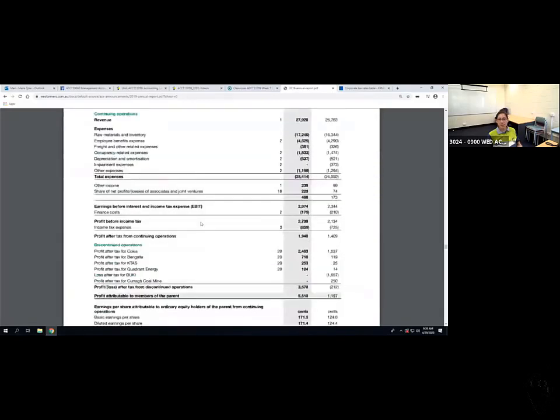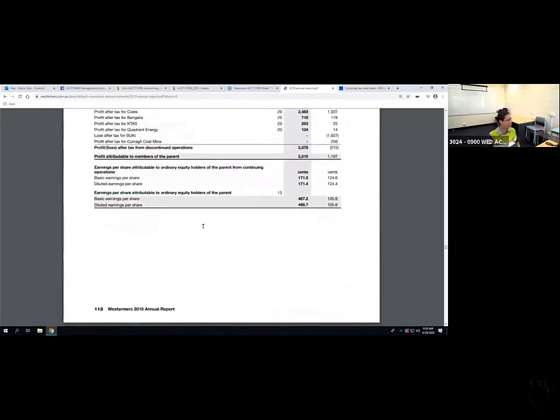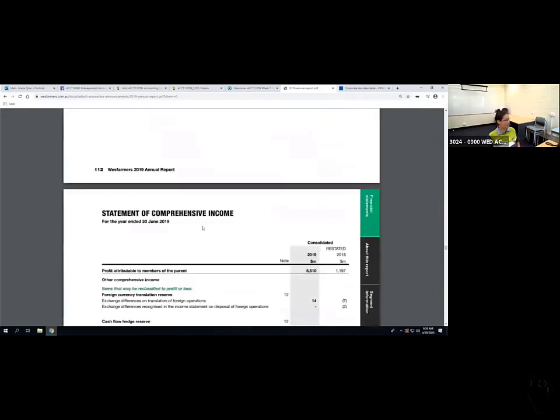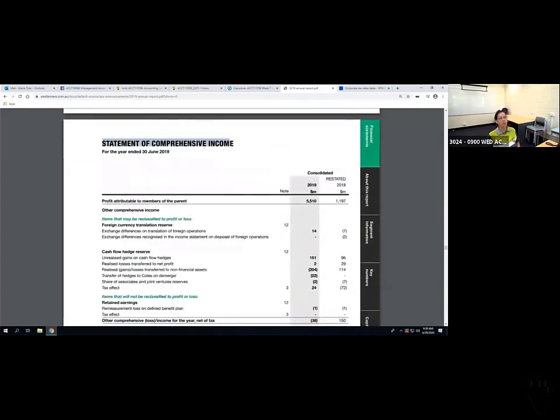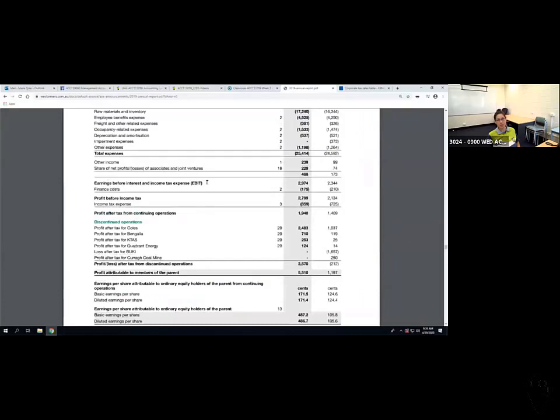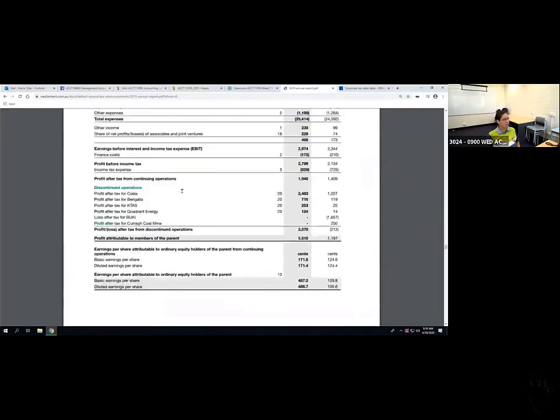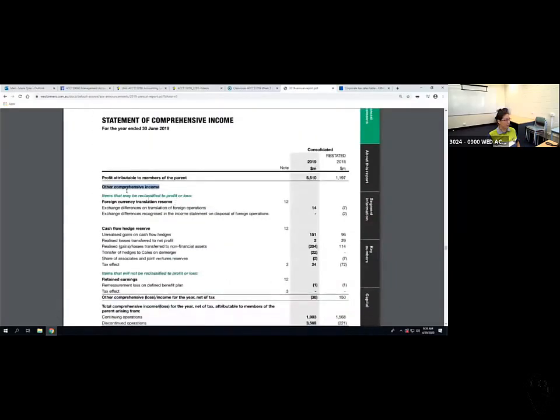Anything else that increases the equity or decreases the equity or changes the net assets of a firm goes into your comprehensive income statement. Okay, so other comprehensive income, all the items that affect your net assets that are not revenues and expenses, because if they are, they go in this statement here. That's the definition we're using for other comprehensive income.